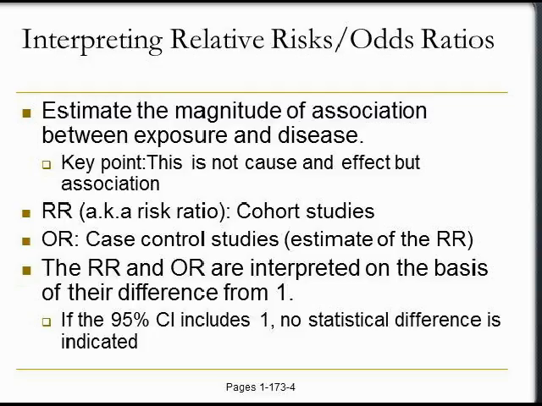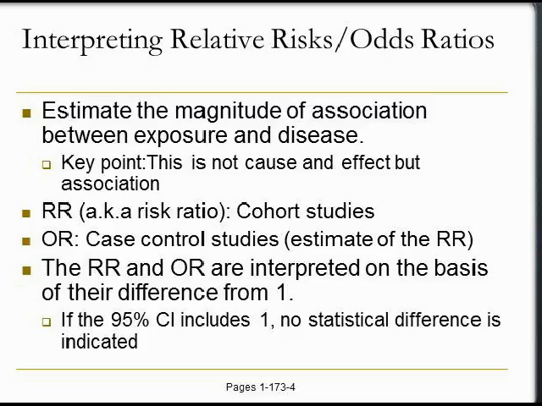If we have a relative risk of 1, the risk in the numerator and the risk in the denominator is the same, so there would be no difference between the two groups that we're investigating. So if the 95% confidence interval for that relative risk or odds ratio includes 1, then we would conclude that no statistically significant difference exists.